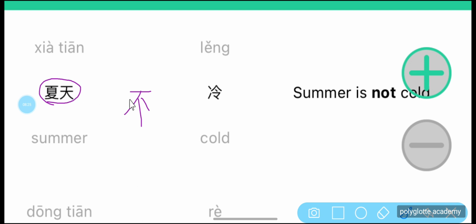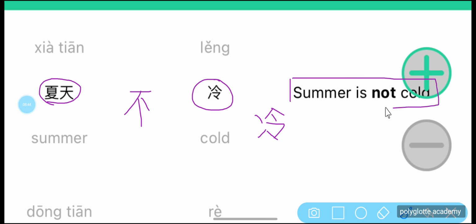So 夏天不冷, 冷 here we have seen it before, it means cold, a cold weather. So 夏天不冷, which means summer is not cold.